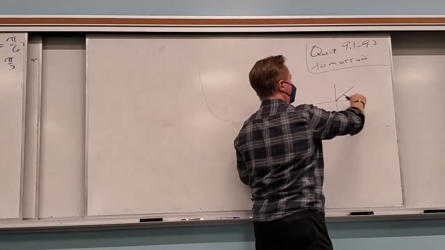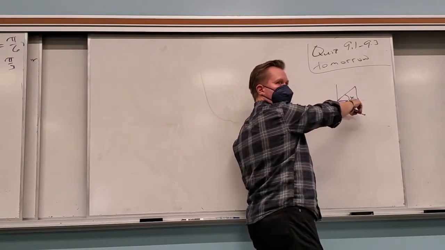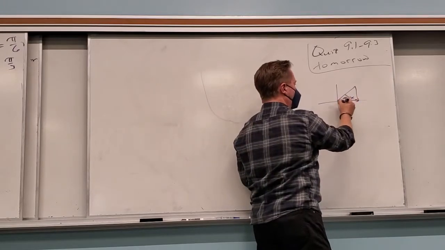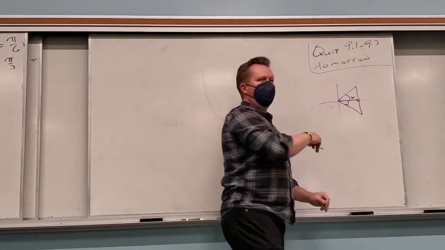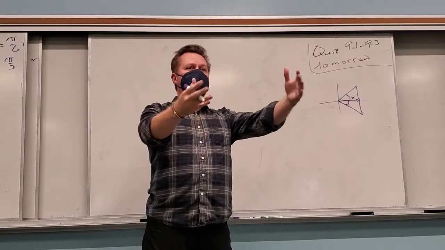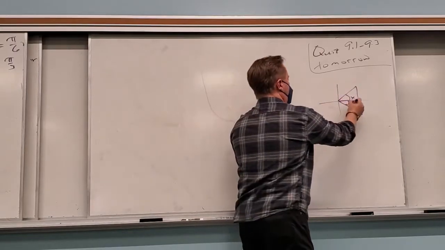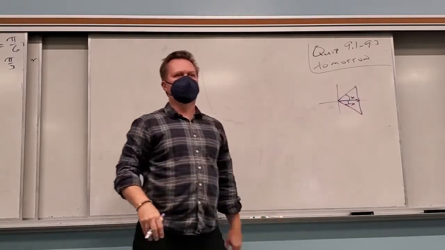Cosine of x is positive something, right? Negative x, isn't that the same triangle? And in fact, the x side is still positive. Of course, it's the same x side, right? So that's why cosine of x equals cosine of negative x.